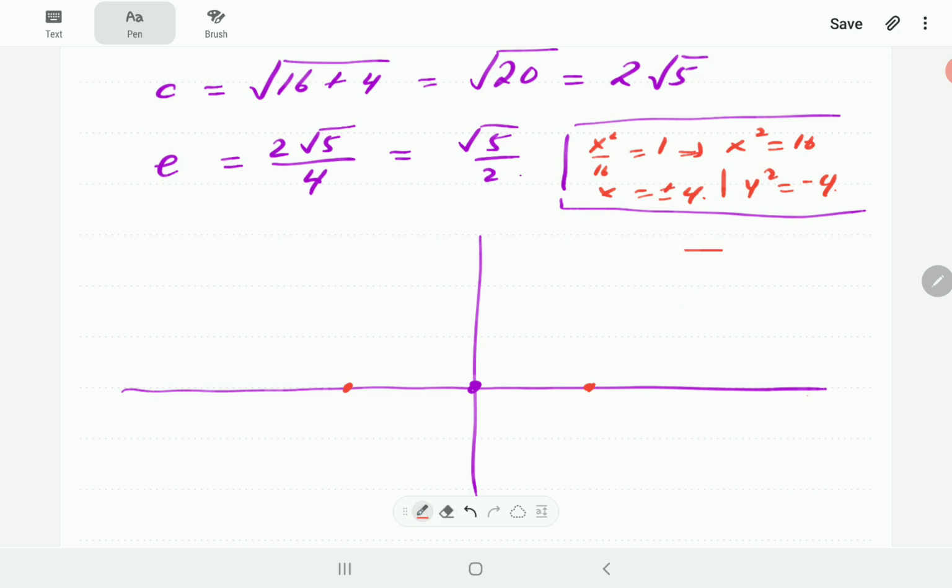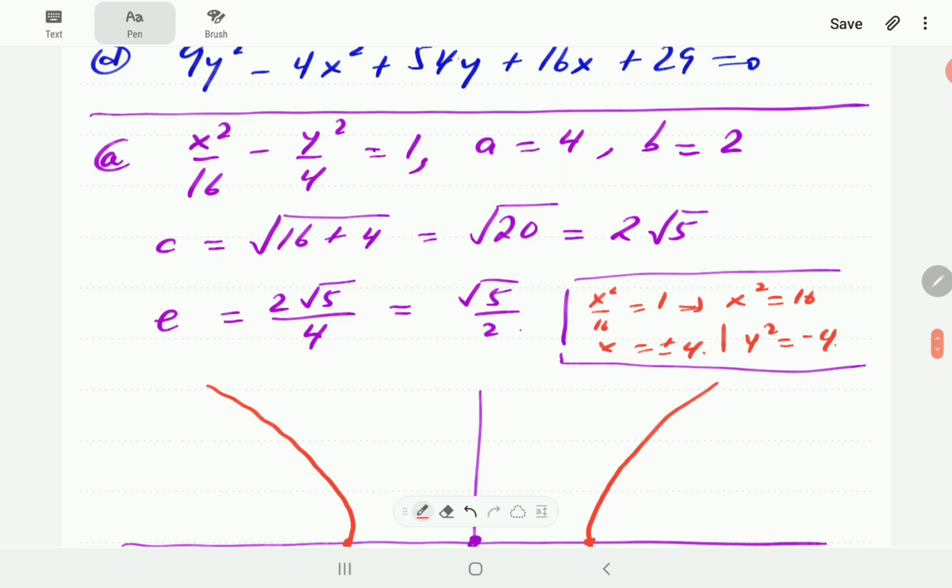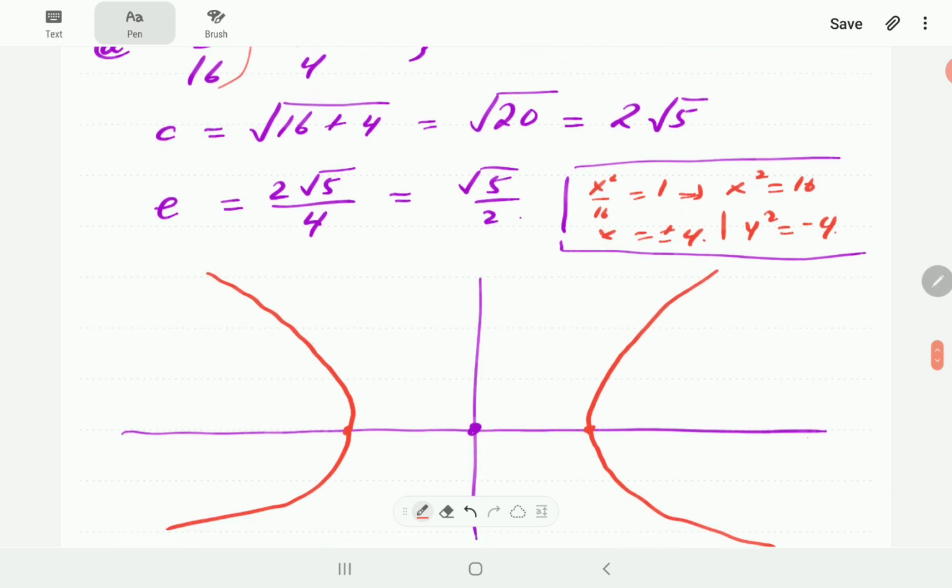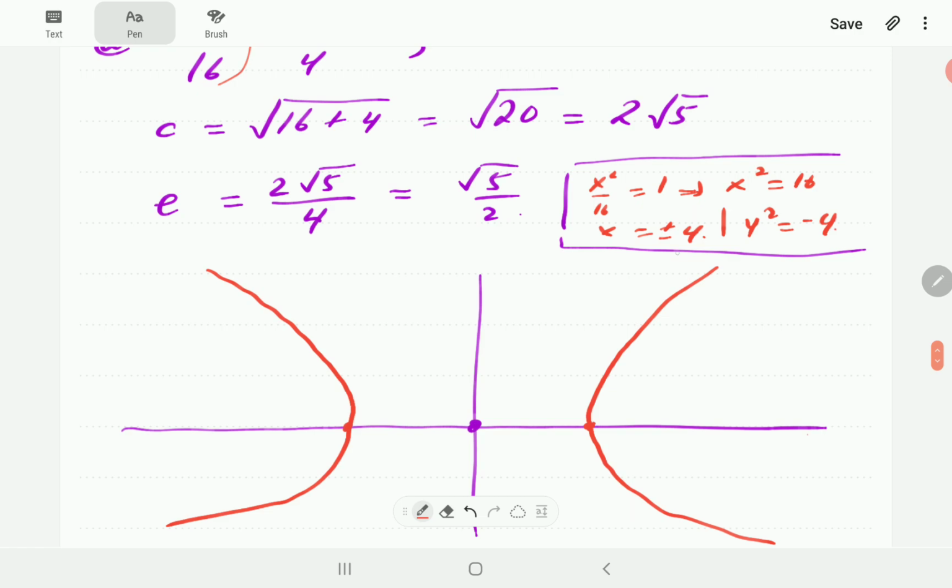So this is telling us that the transverse axis is going to be horizontal. If the x term is positive, then the transverse axis is horizontal, right? So there are going to be asymptotes here.